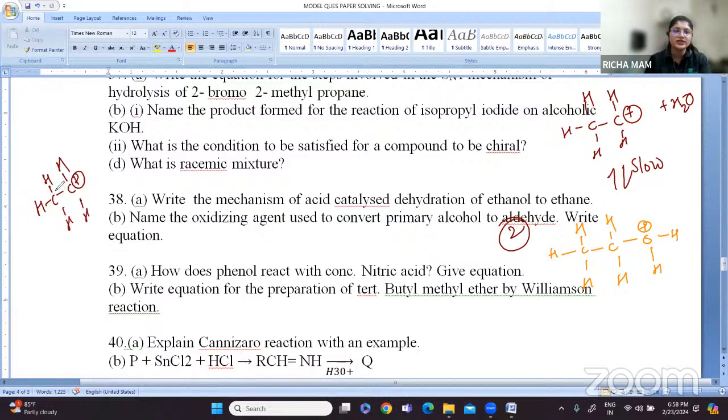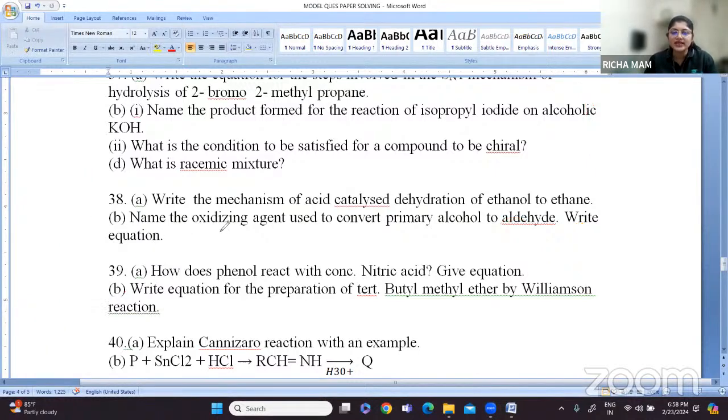There will be elimination of a proton, and ethene is formed. So we are converting ethanol to ethene. This is the reaction. Is it clear? For the mechanism, you will get 4 marks. So write the mechanism for the acid catalyzed dehydration of ethanol to ethene. These steps should be written.